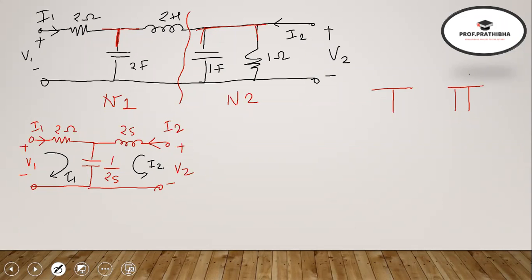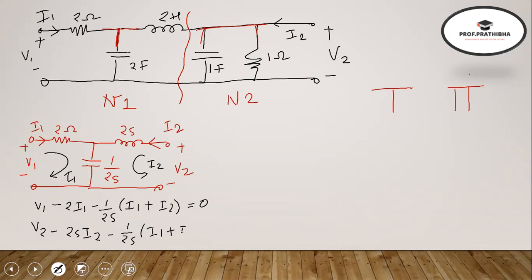Let us start with a normal KVL. It will be V1 minus 2 times I1 minus 1 upon 2s times (I1 plus I2) is equal to 0. And the next one will be V2 minus 2s times I2 minus 1 upon 2s times (I1 plus I2) is equal to 0.